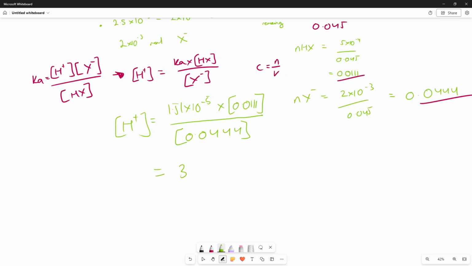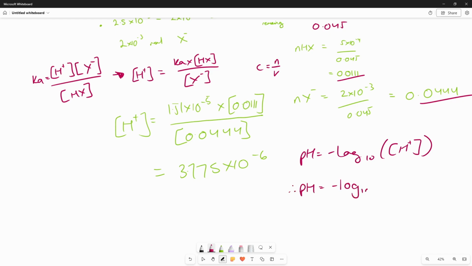This equals 3.775 times 10 to the minus 6. Remember the equation, pH equals minus log base 10 of the concentration of hydrogen ions within the solution. Therefore, our pH equals minus log base 10 of 3.775 times 10 to the minus 6, and that equals 5.42.